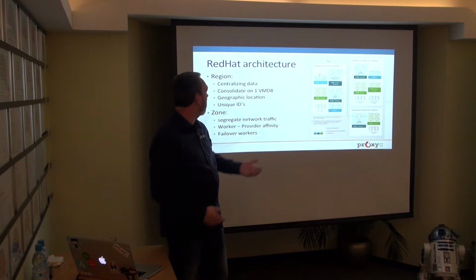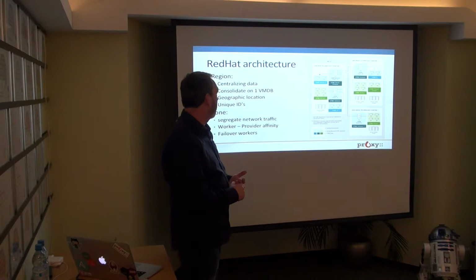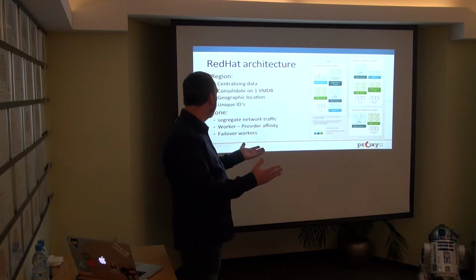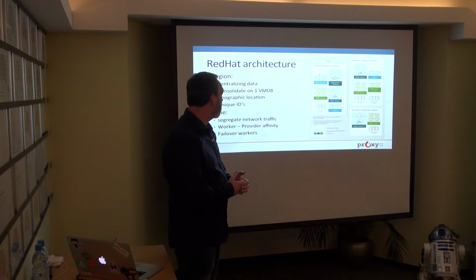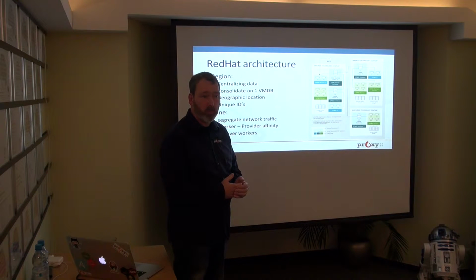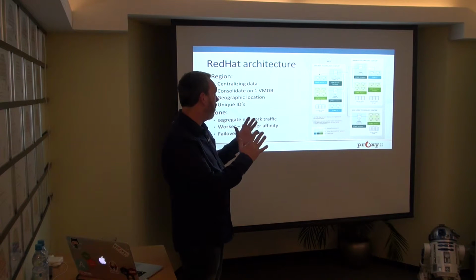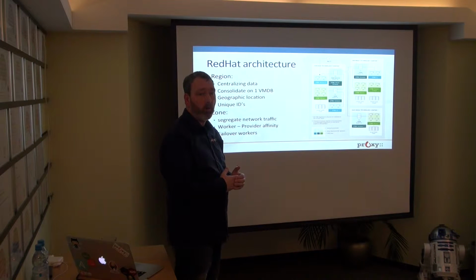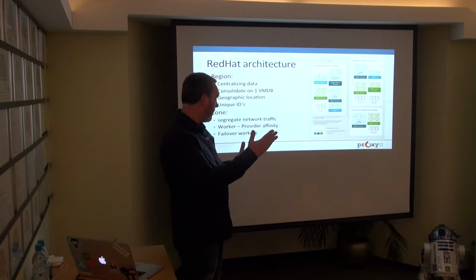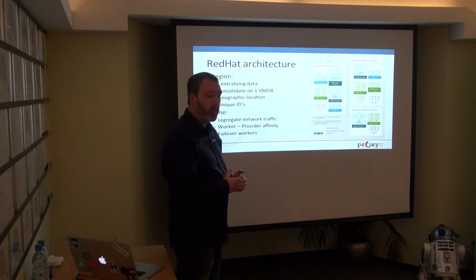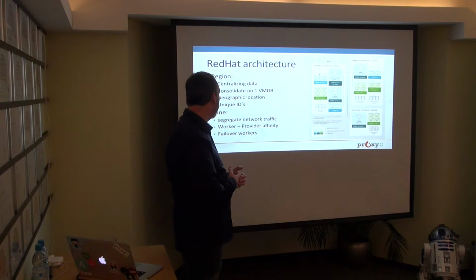This is the general architecture that Red Hat is presenting. It's based on regions. A region is an entity with a database in it, where all the workers connect to the database and put their data in.